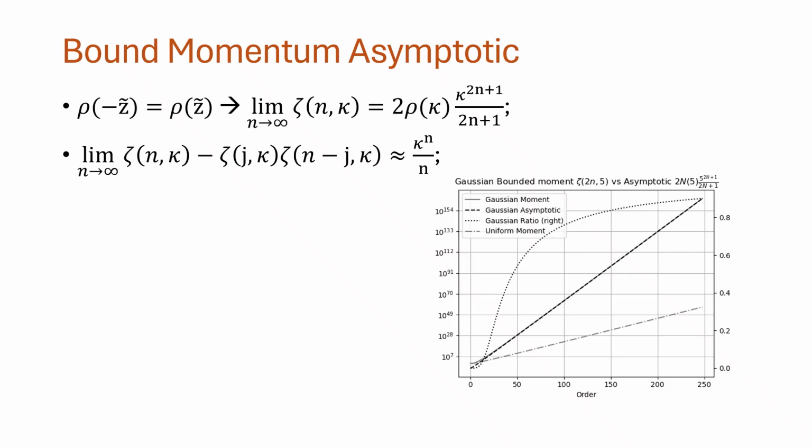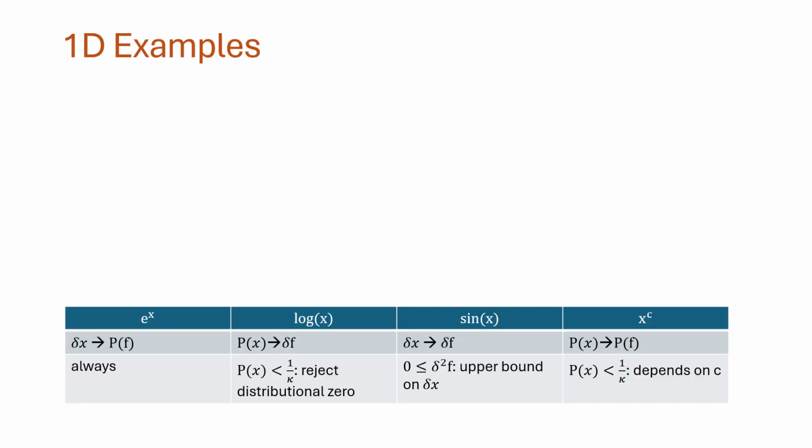Using this formula, we can also estimate that this formula is roughly equal to the power n of range divided by n. And this result is important when we calculate the convergence of the static Taylor expansion.